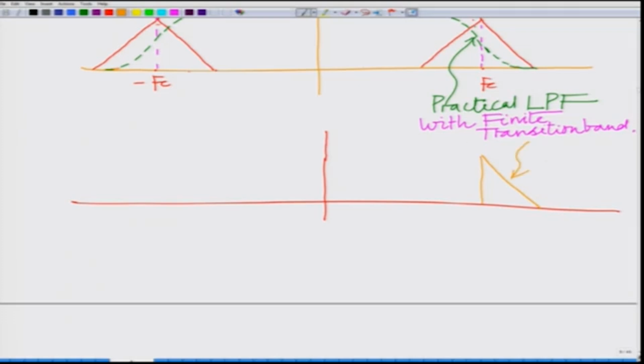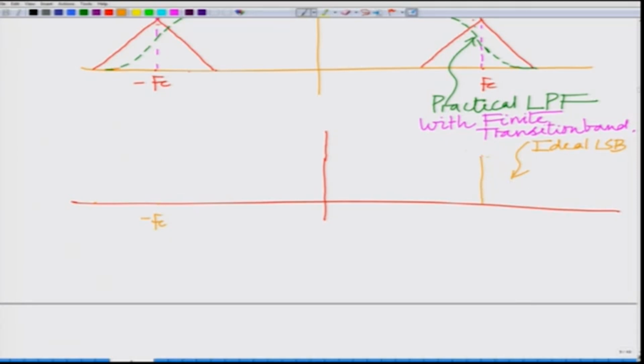So, this is your ideal LSB characteristic, and this is minus Fc. I am sorry, this is a lower sideband model.